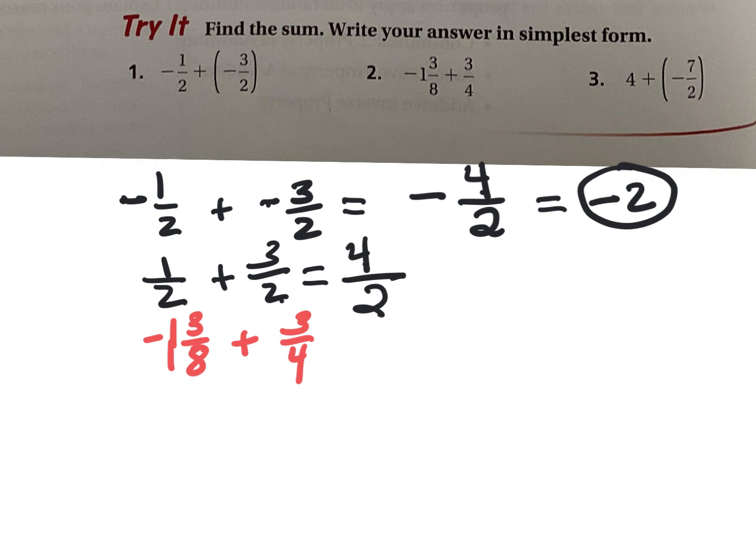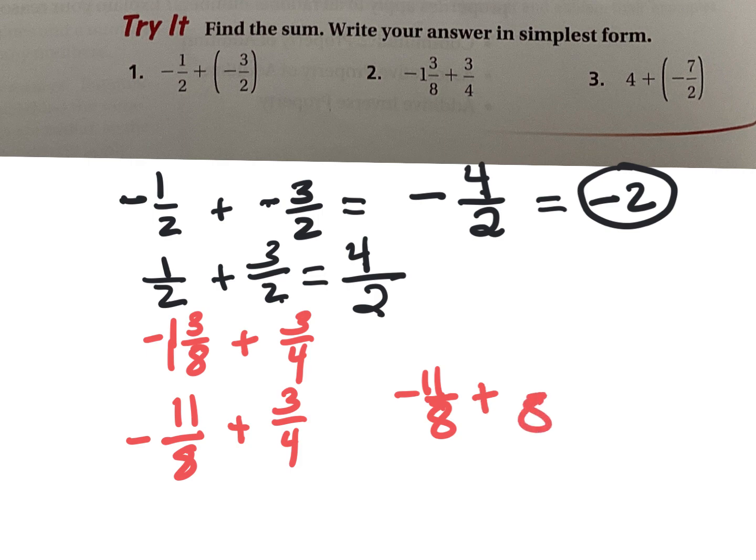So on this one, 8 times 1 is 8 plus 3 is 11. Negative 11/8 plus 3/4. And now I want to get the denominators the same. Well, 8 can be the same denominator, so negative 11/8 plus, I'll make that 4 into an 8, that's times 2, so this is going to be 6.